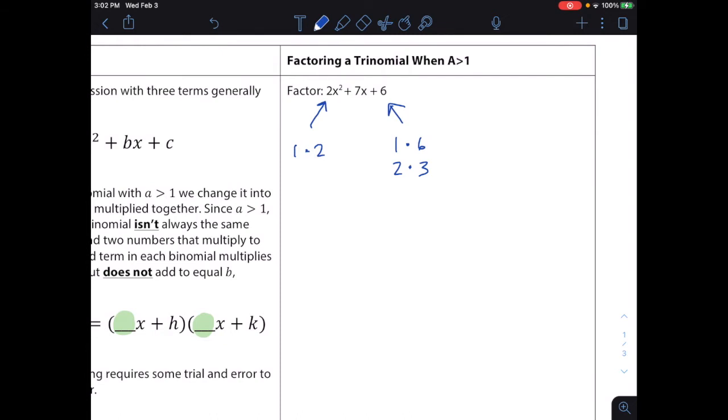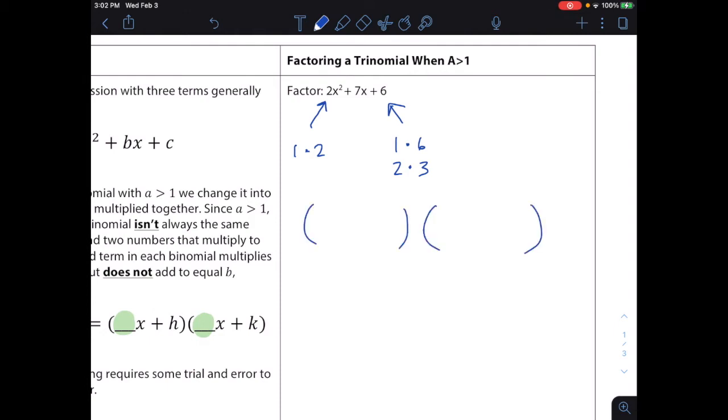All right, and this is where the trial and error comes in. We have to figure out which pair from the left-hand side, fortunately there's only 1 pair there, and which pair from the right-hand side, when we put them in the binomials and we multiply them together, are going to end up producing a 7x for our middle term. And the easiest way to do that is to actually just plug them into the binomials. Okay, and this is where the trial and error comes in.